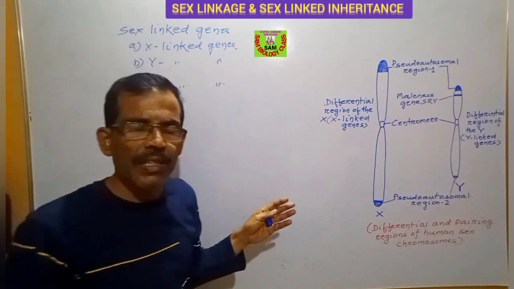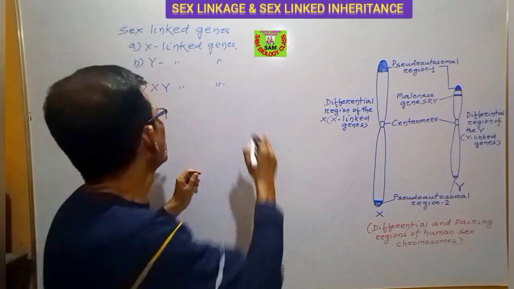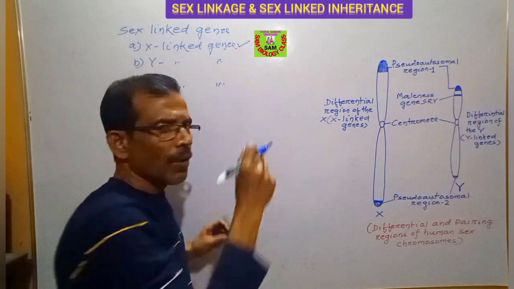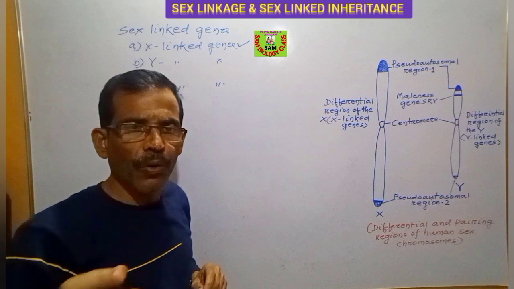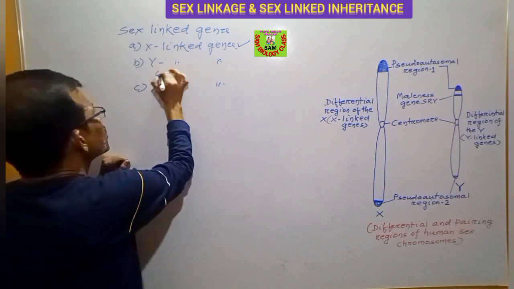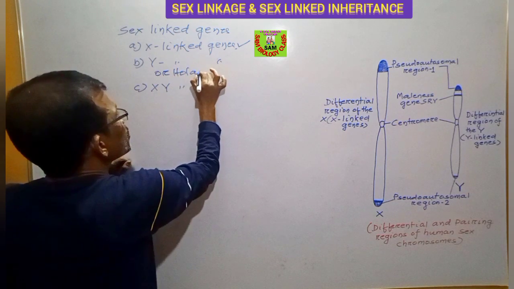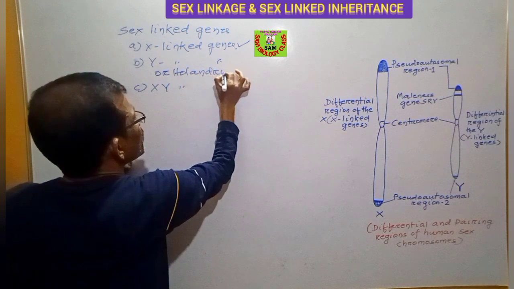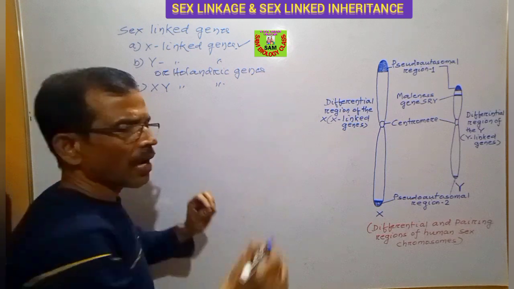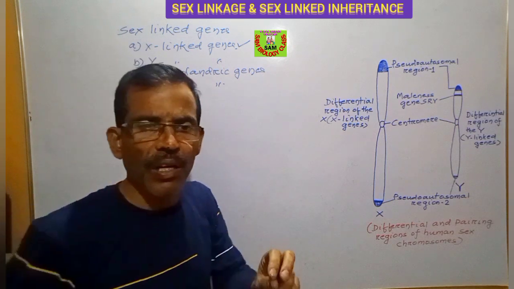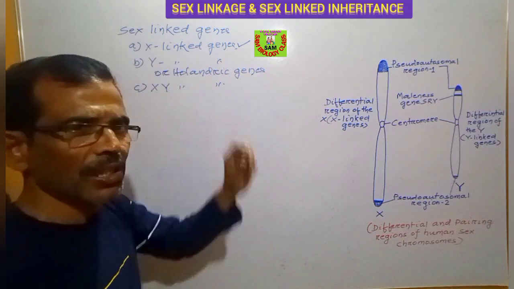Genes that are present on the differential region of the X chromosome are known as X-linked genes, whereas those localized in the differential region of Y are known as Y-linked genes or Holandric genes. Finally, genes that are localized on the homologous region of X and Y chromosomes are known as XY-linked genes.